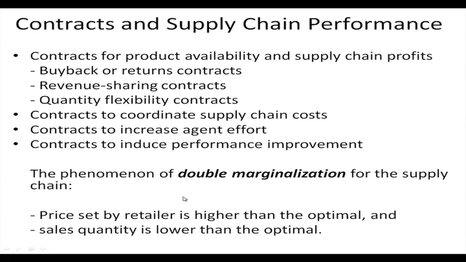These contracts help to reduce the double marginalization problem, to set the price right and to get the best sales quantity. Let us discuss all these contracts one by one.